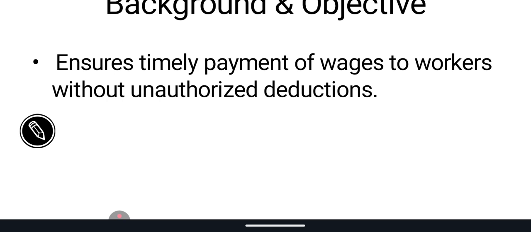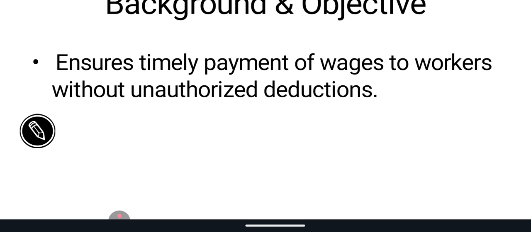It means the work of this Act is to look over the workers, whether they are getting their wages at the right time, or whether any malpractice is taking place before giving them the salary or wages. So this Act protects them to get their salary or payments on time without unauthorized deduction. Now what is unauthorized deduction?